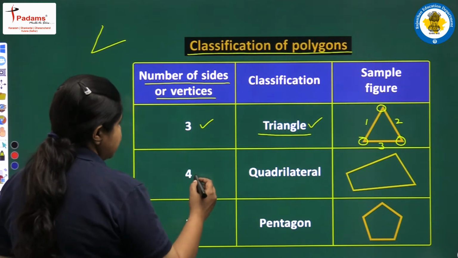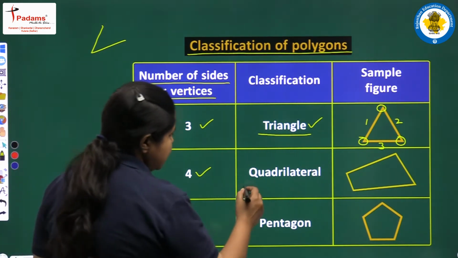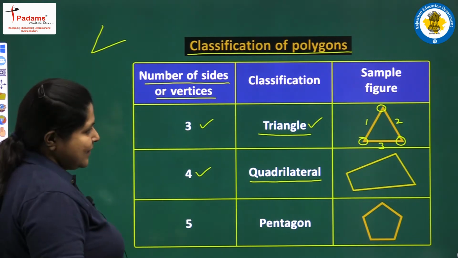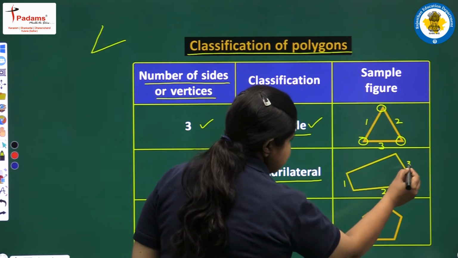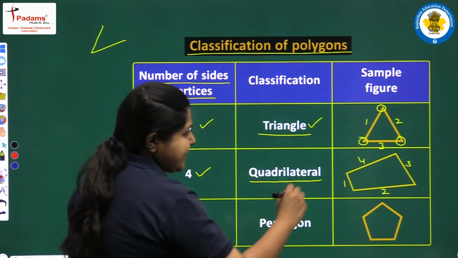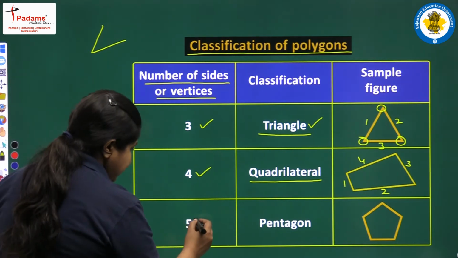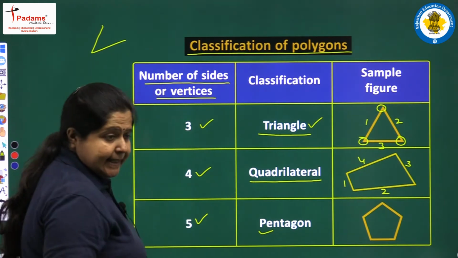Then we have number of sides 4, then that shape is called a quadrilateral, which we will be taking up in this chapter, and it has 4 sides, 1, 2, 3 and 4, and similarly 4 vertices. Then a figure with 5 sides is called a pentagon.